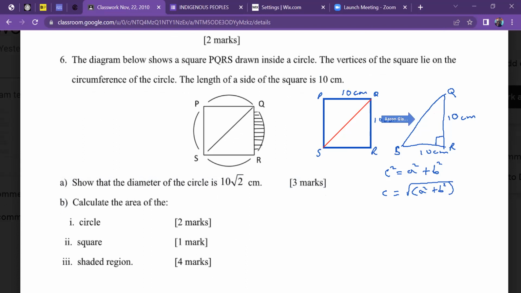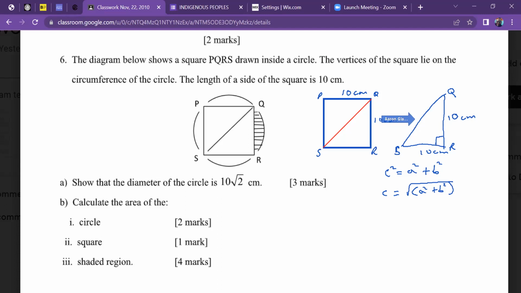So since SQ is my longest side, I am going to use Pythagoras theorem to find the length SQ. My other two sides are both measured 10.